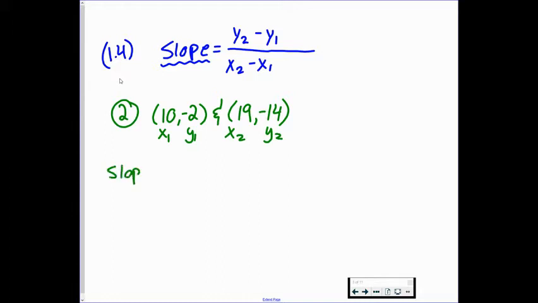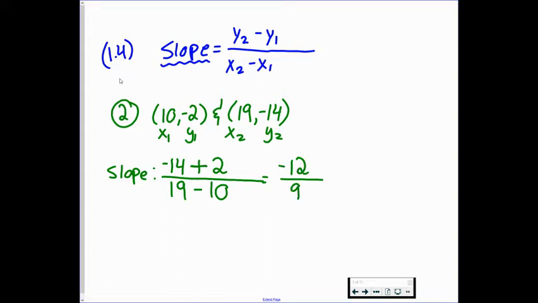Now we can use those ordered pairs to go find the slope. y2 is -14 minus -2. The denominator is x2 minus x1. Now we're just going to simplify. -14 minus -2, that double negative changes to a positive, which is -12. And 19 minus 10 is 9.